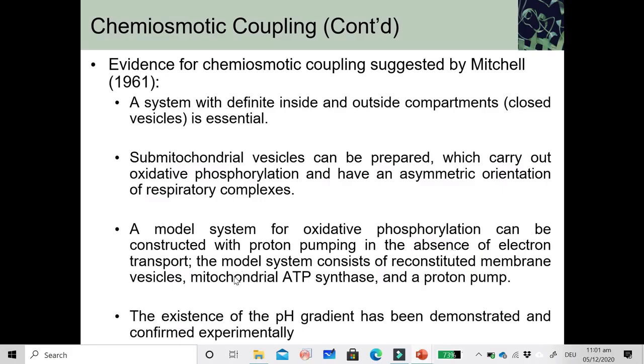transport. How does that happen? Say, for example, when you have bacteriorhodopsin. In this case, the proton transport is not because of electron transport. The transport of protons from within bacteriorhodopsin to out of bacteriorhodopsin is accomplished by the use of light.